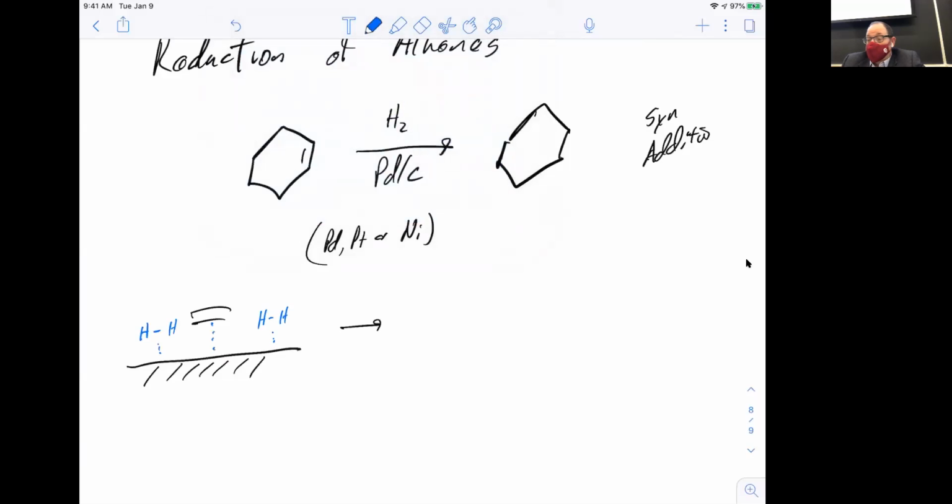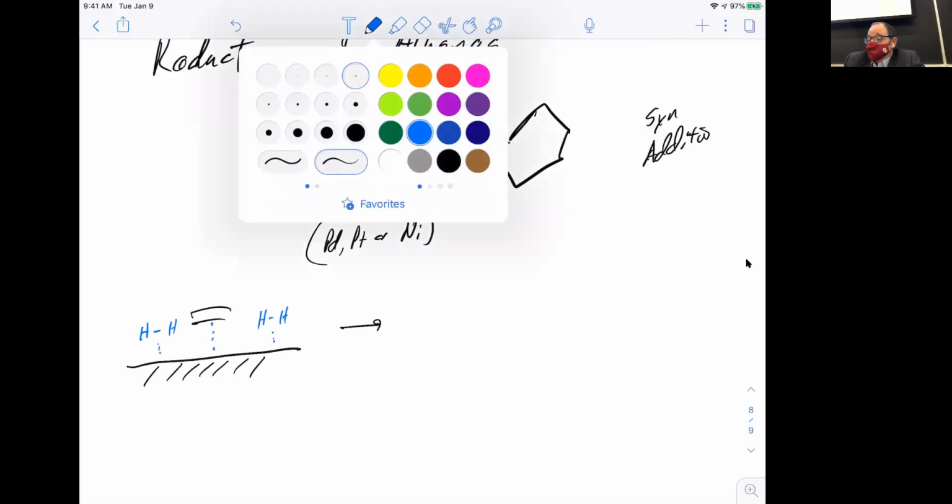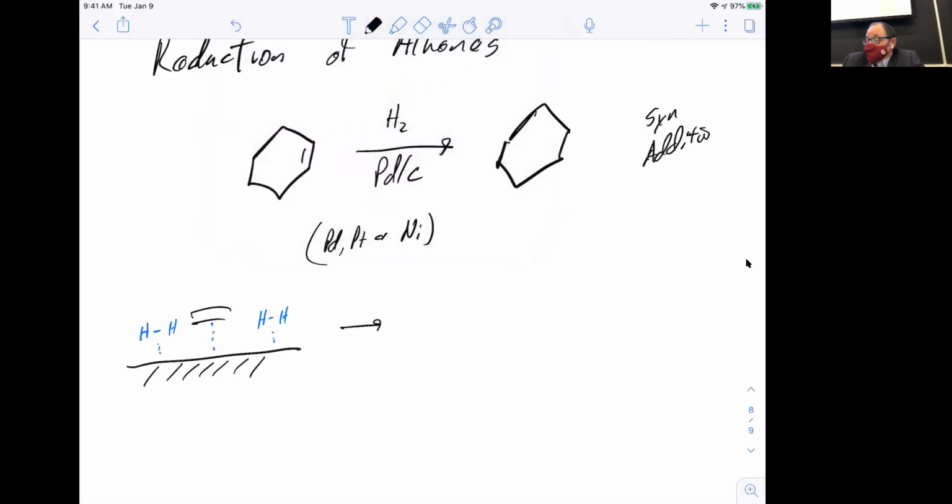So hydrogen will absorb to palladium, platinum, and nickel. Then we get the addition of the hydrogen. More or less the palladium interaction is weakening that bond, and then we form the carbon-hydrogen bond, which is a much stronger bond, and then that floats off and another one comes in. So the palladium is just a catalyst.